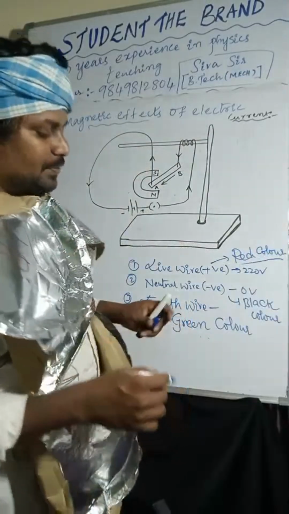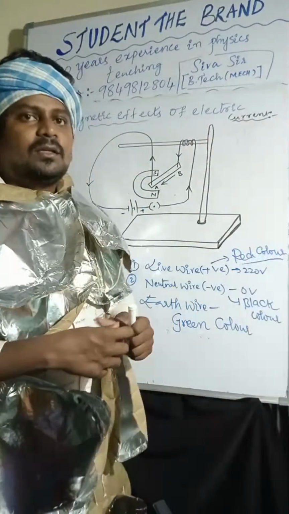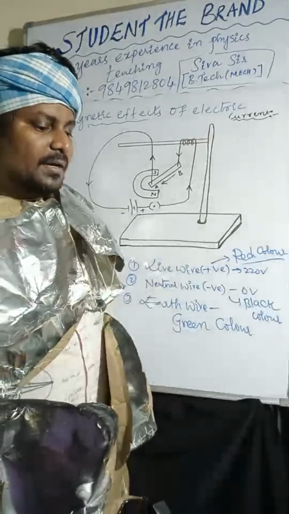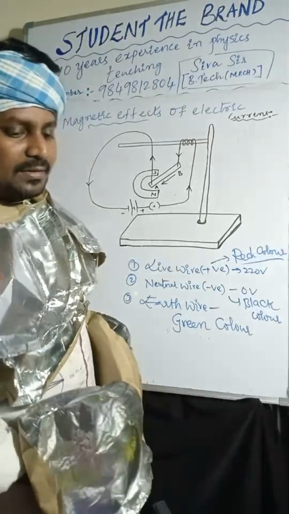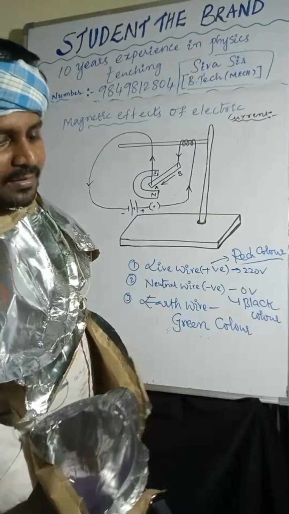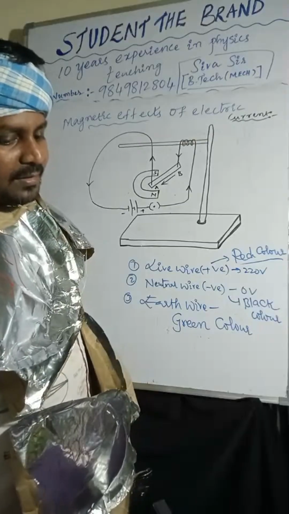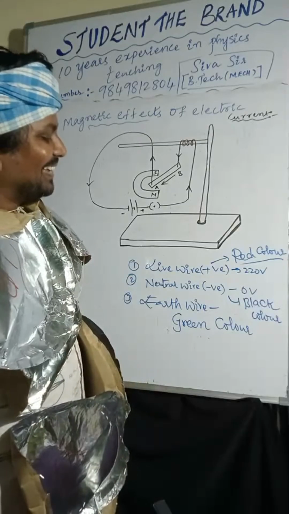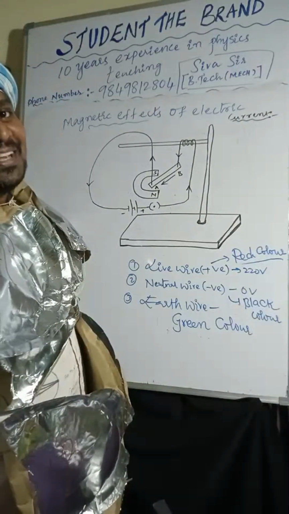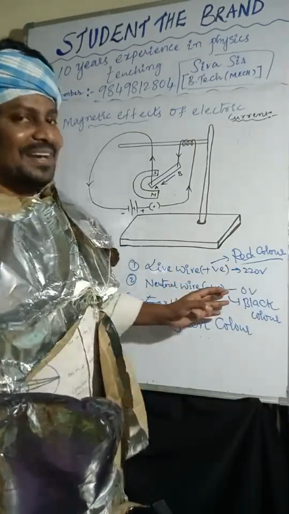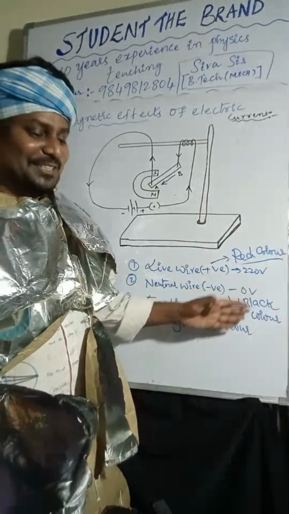Live wire is red color, potential difference is 220. Neutral wire is the negative terminal, potential difference is 0 volts.